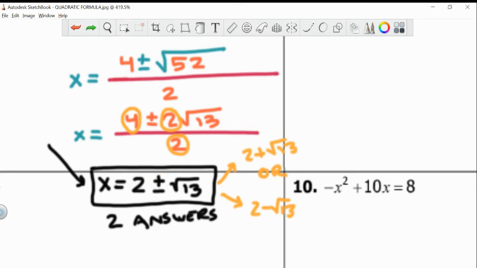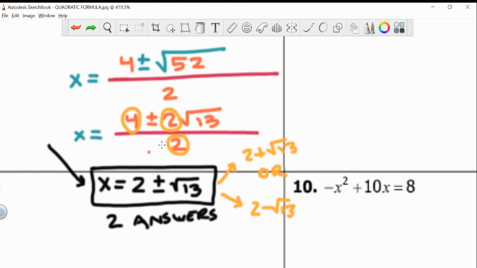When it comes to pluses or minuses, we're never really going to mess with them. You don't really need to handle them. You just need to know, as an Algebra 2 student, every quadratic has 2 answers. And even though this looks like 1 answer, it's actually 2 answers. So keep that in mind. Didn't mean to erase my 3 there.